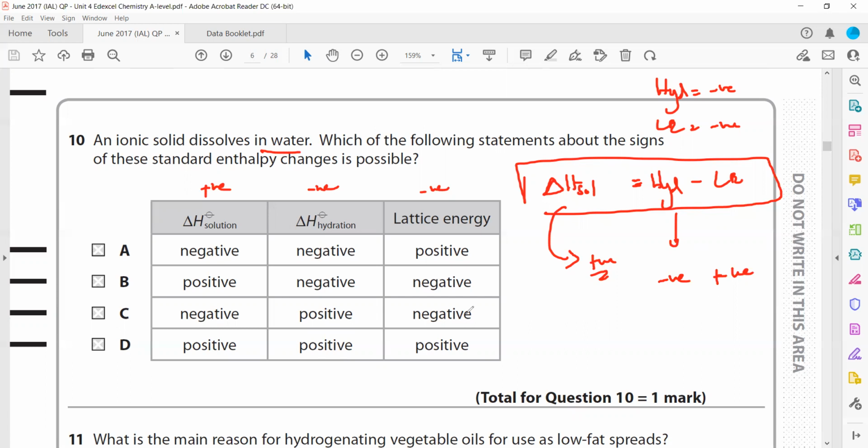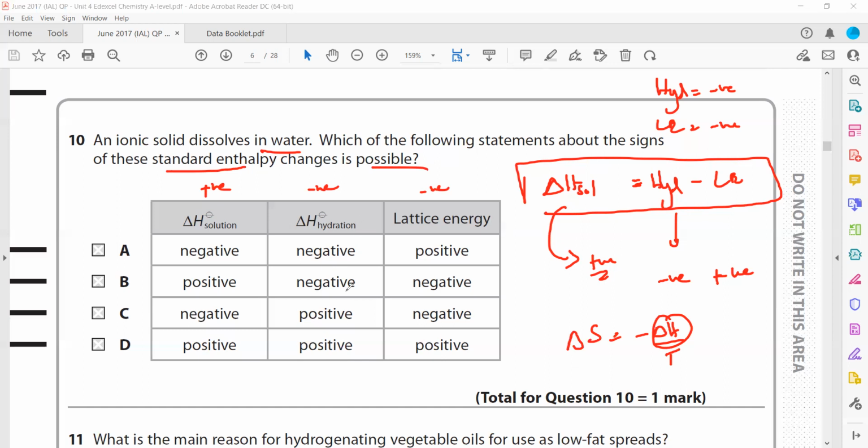And for the enthalpy of solution, for a substance to dissolve, the total entropy should be positive, and the entropy of the surroundings is minus delta H by T. So if this delta H is positive, the entropy of the surroundings will be negative.